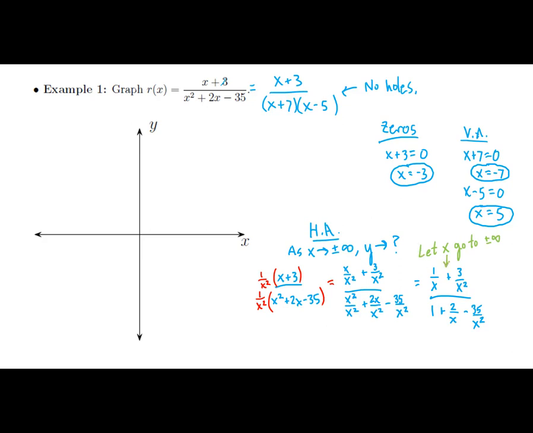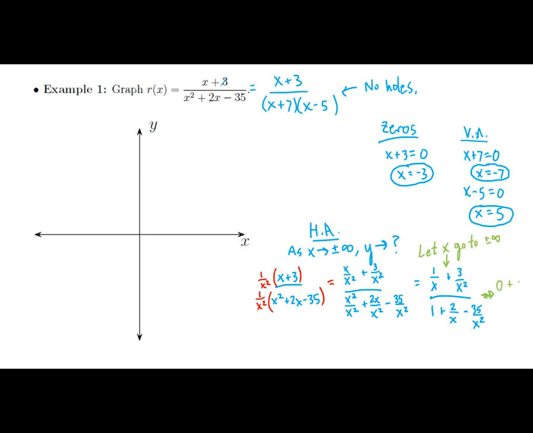Okay? If we do that, then imagine plugging a really big number in for x, like 1,000. Would you agree that 1 over 1,000 is pretty close to 0? So what we would say is that this first term, I'm going to use a little arrow here to indicate, let x go to plus or minus infinity, then what's this whole thing going to do? That first term's going to go to 0.